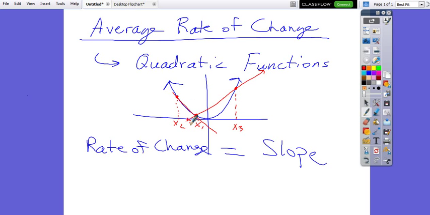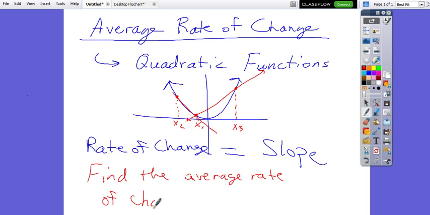Now, the way we're going to actually calculate what we call average rate of change is we're always going to pick 2 points on that graph to find the slope in between. So they'll tell you something like this. They'll say, find the average rate of change between x equals 1 and x equals 3.